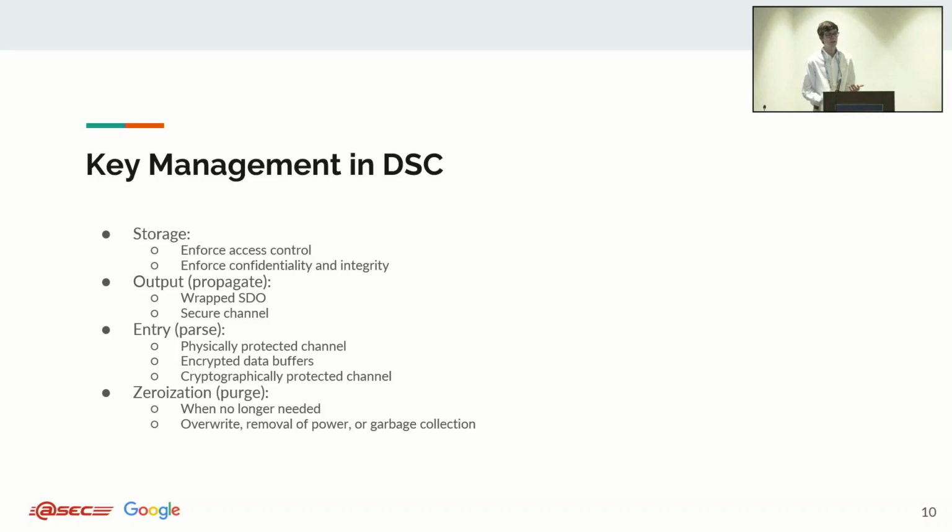Finally, the DSC needs to zeroize the SDEs or SDOs if they are no longer required. This can be done by overwriting them with zeros, or if they are kept in volatile memory, just turning off the DSC or relying on some kind of garbage collection. Again, these requirements are basically identical to FIPS. So if you have a FIPS module at, say, level 3 that meets the FIPS requirements, these requirements should not be an issue at all.